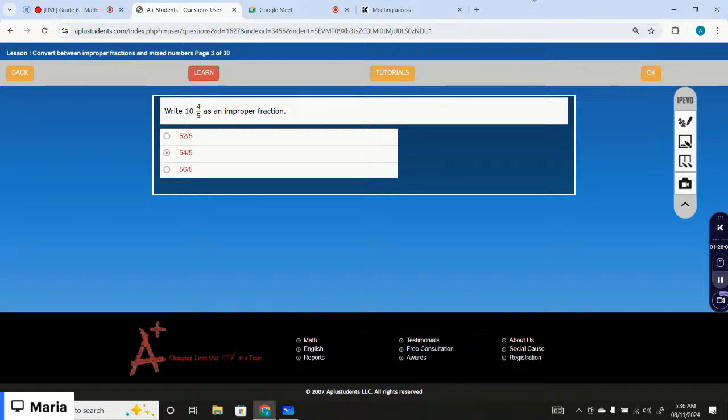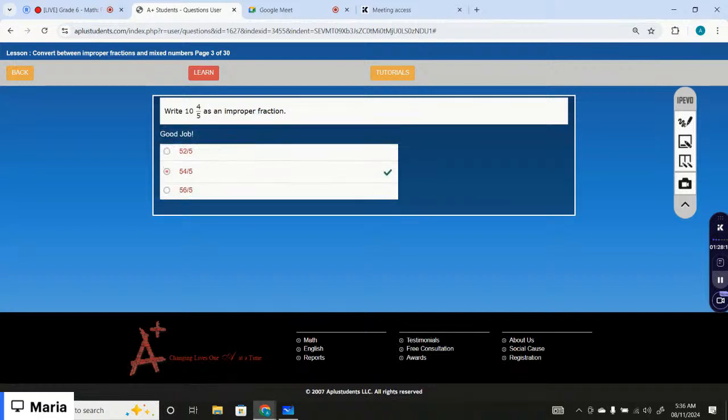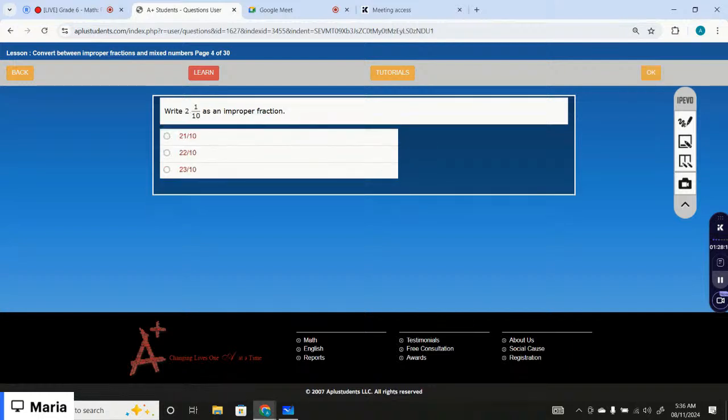Option number 2 is the correct option. Got it? Write 2 whole 1 by 10 as an improper fraction. So which is the correct option?